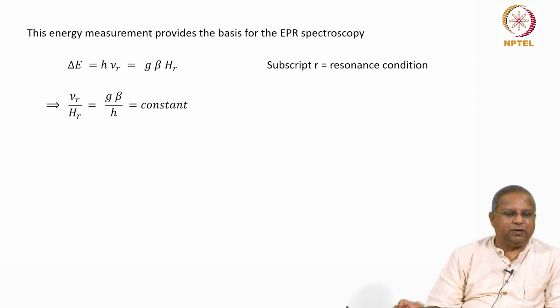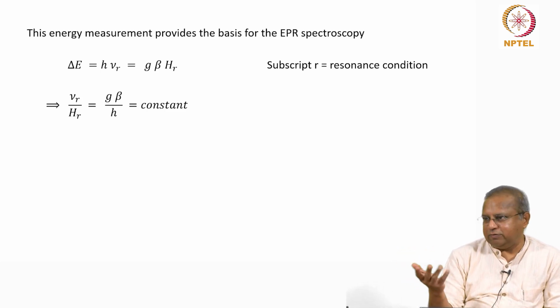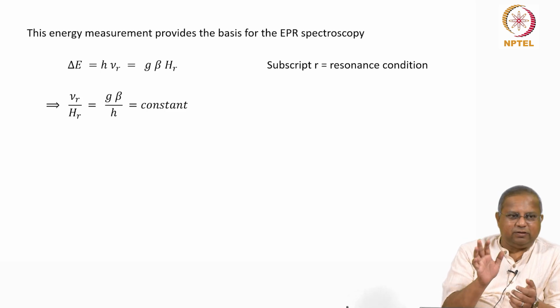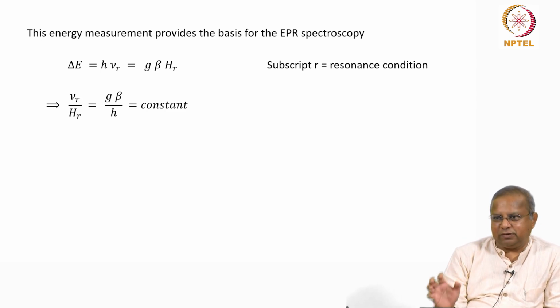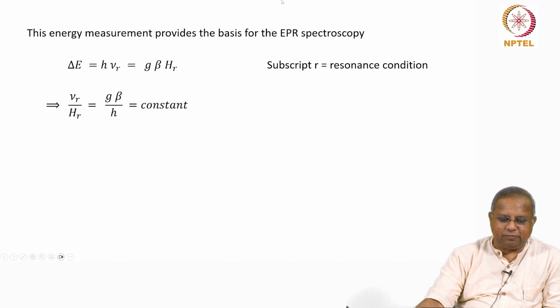Okay. This brings about a very interesting view to the conduct of EPR spectroscopy. Typically, what do you do? You change your frequency, right? While measuring the frequency, wavelength, you change. And in this case, you have an energy, the magnetic field, associated also in the whole process. The magnetic field is superimposed on the electron here. But what we do here is something else. For the resonance condition, all we need is that the ratio of nu_r by H_r should be a constant, right?